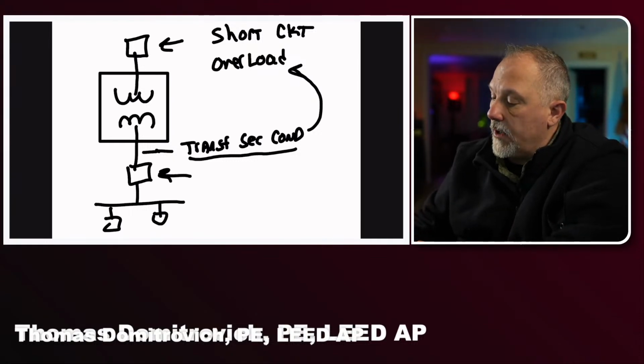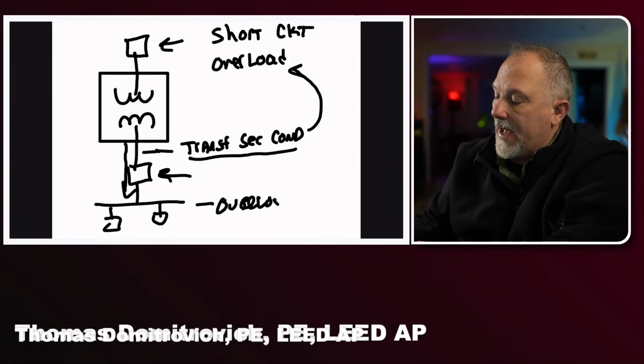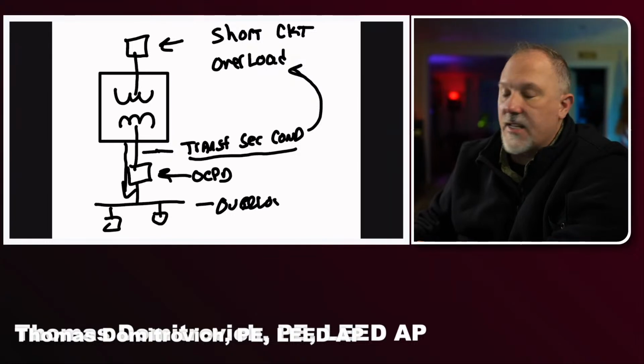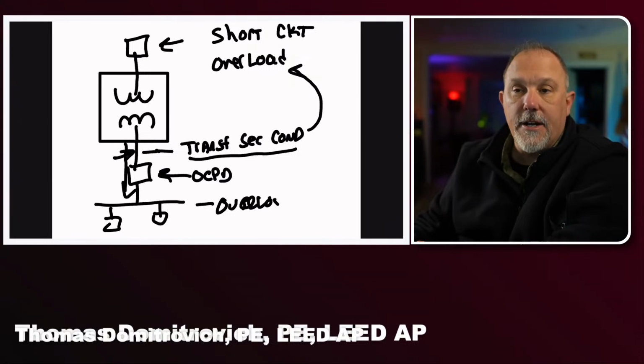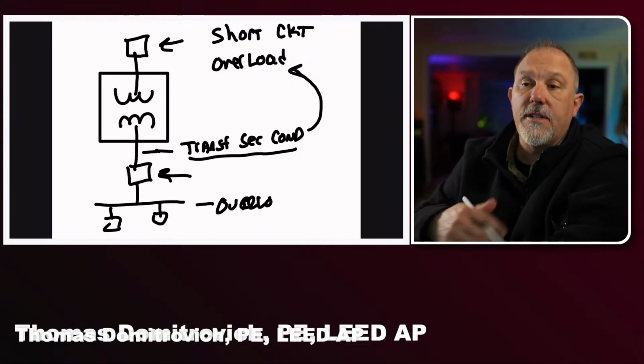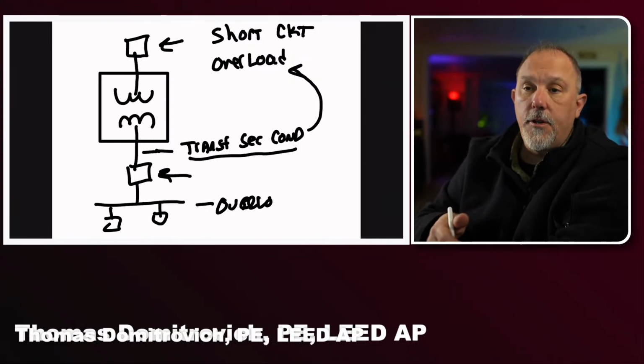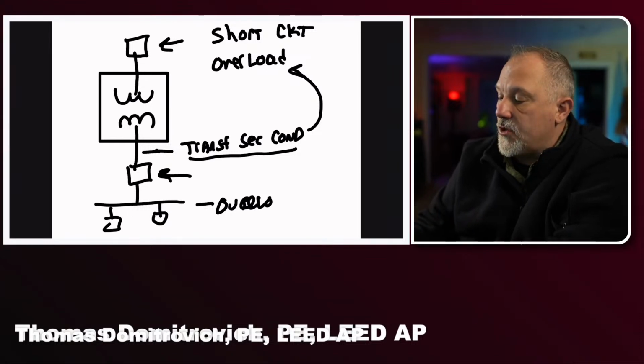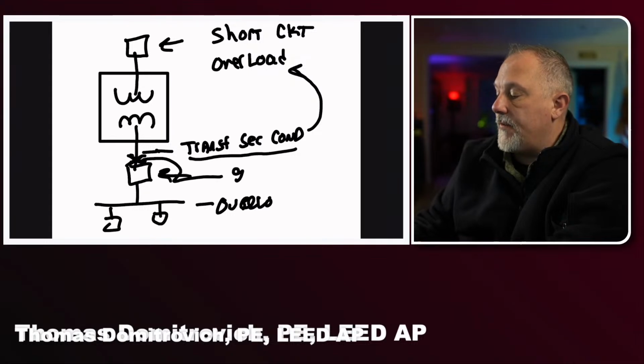So if I'm in overload, all of my current is still passing through that overcurrent device. As long as this OCPD is sized at the ampacity of that transformer secondary conductor, then I'm golden. I'm going to protect that conductor from overload. But I can't protect if I have a short circuit right here, and let's say that that is a ground fault.